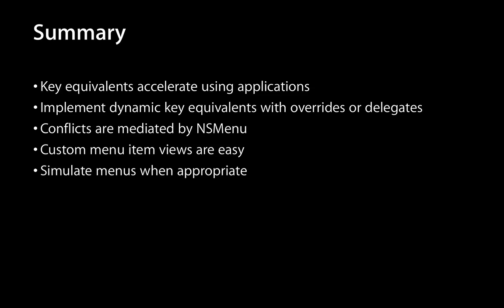We looked at how key equivalents and their conflicts are mediated by NSMenu and how you can even debug that. And then the last two items here, we've looked at how to create a custom view and put it in a menu. It's really simple to do. It's fairly easy. This is the recommended approach. As we change things in the operating system for the menu, you'll get the new look and behavior appropriately.